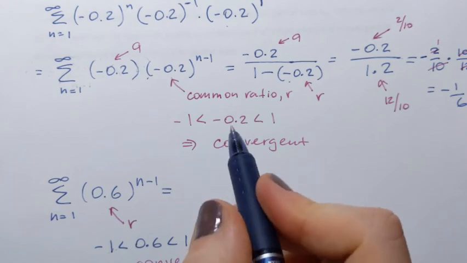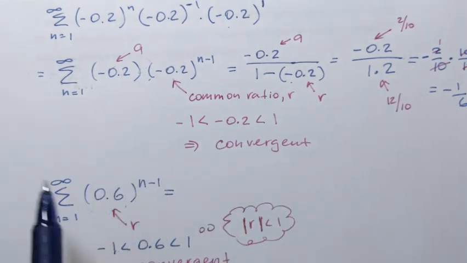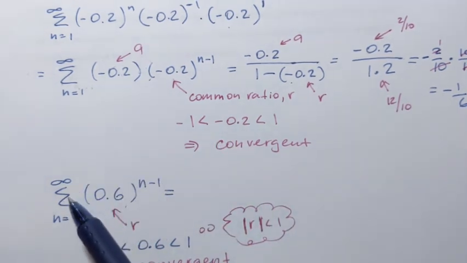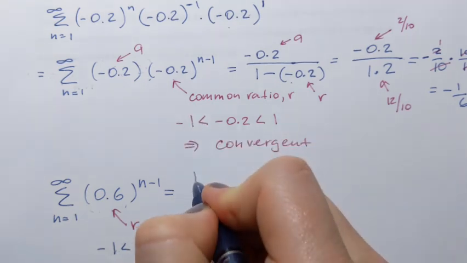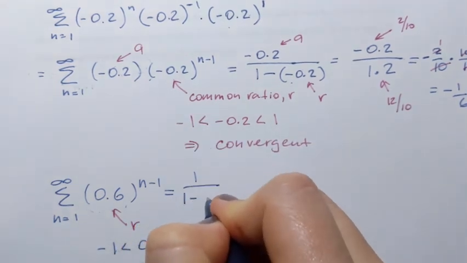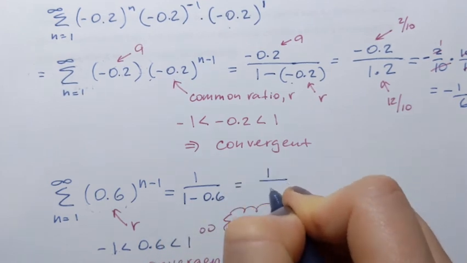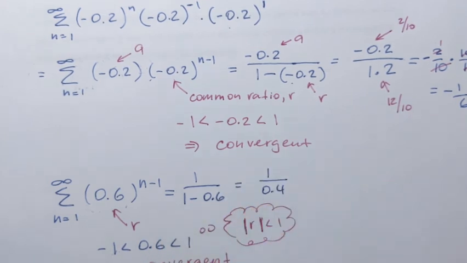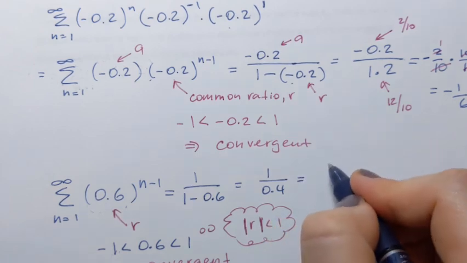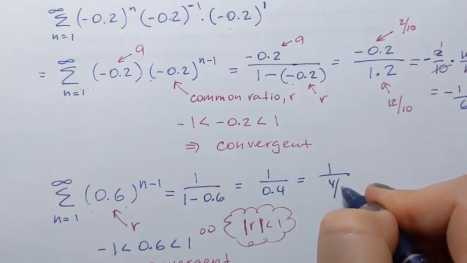Okay, so the formula is a over 1 minus r. Now what is a in this case? a should be the constant over here, which I don't see. It means it's 1. So 1 over 1 minus 0.6, so it's 1 over 0.4. That is the same as 1 over 4/10.